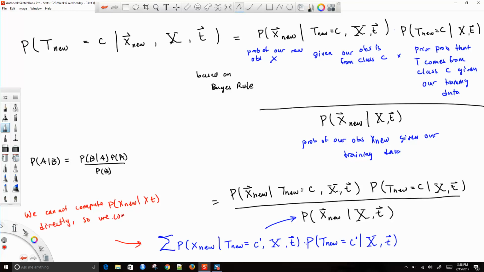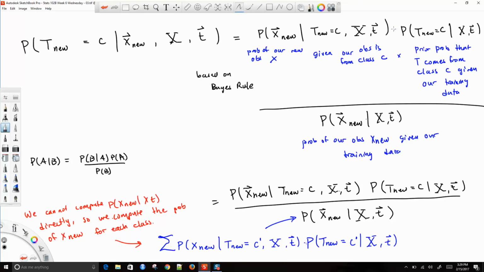So we compute the probability of x nu in each class. So this is the idea here.